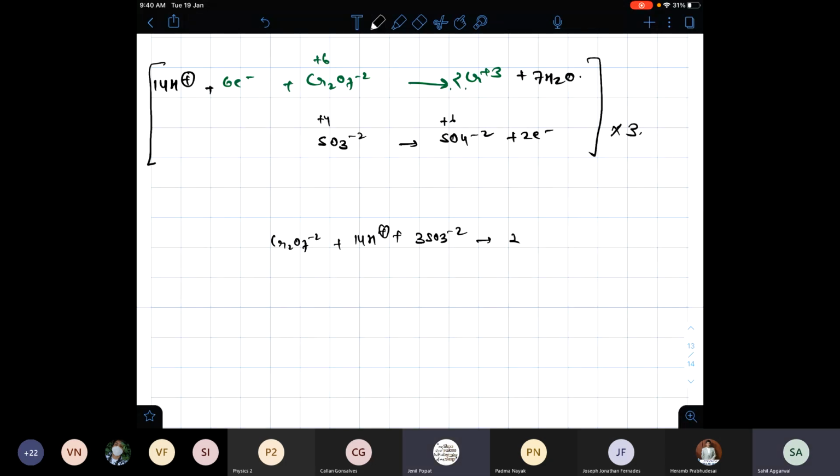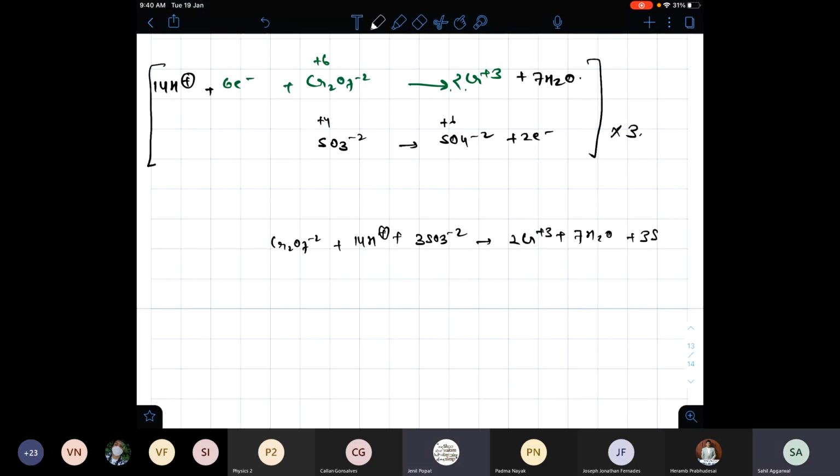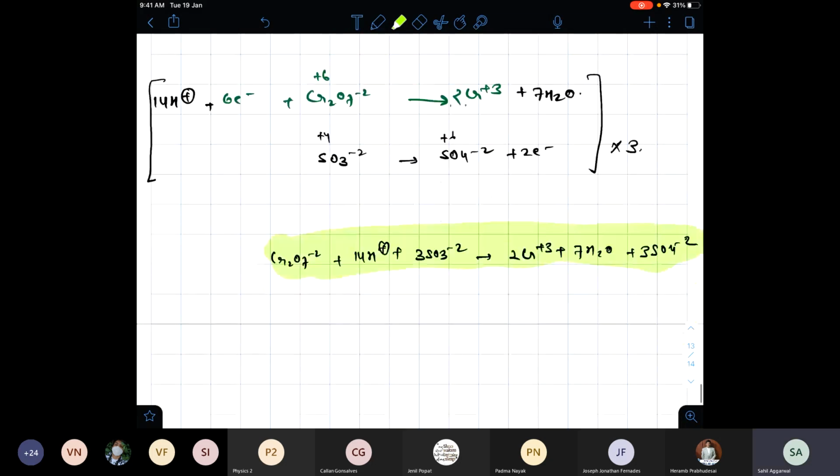Excuse me, sir. So the charges are on the central atom only, no? Yes. This will be the answer. Any doubt in this?